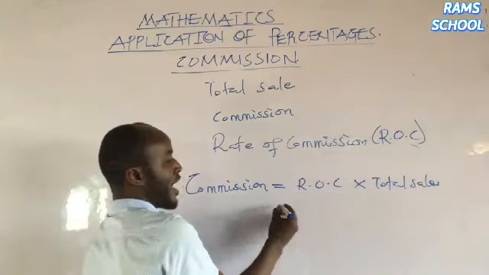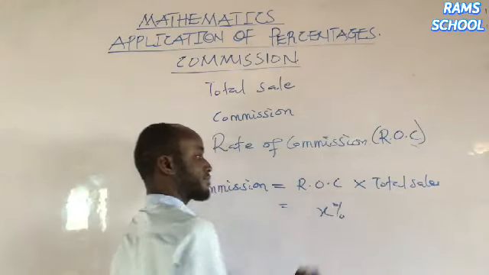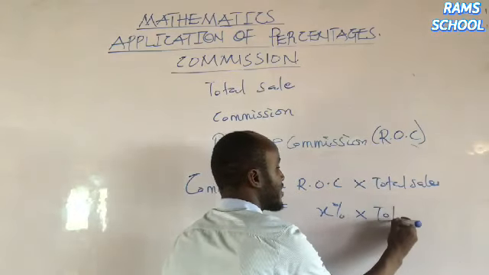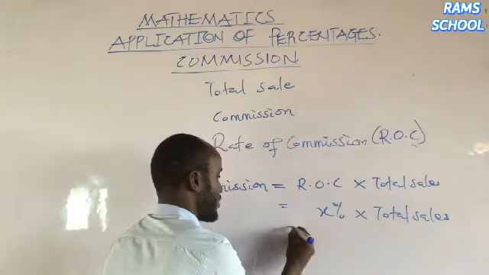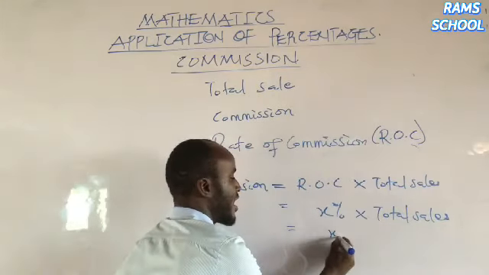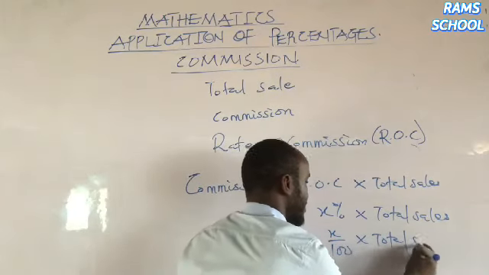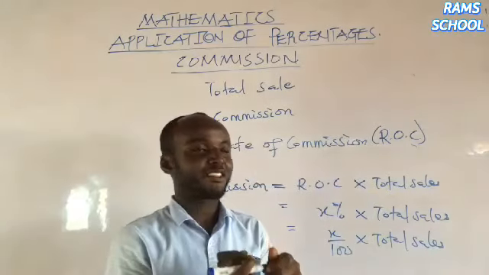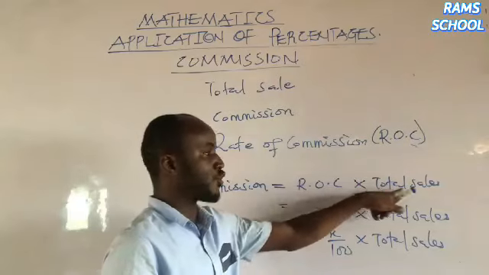sales. Assuming the rate of commission is X%, then I'll multiply the X% by total sales. And X% means X out of 100. So basically, commission is equal to rate of commission times total sales.